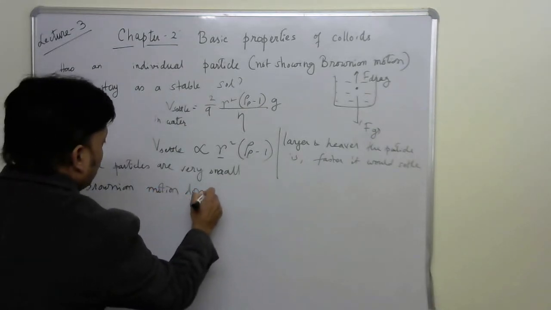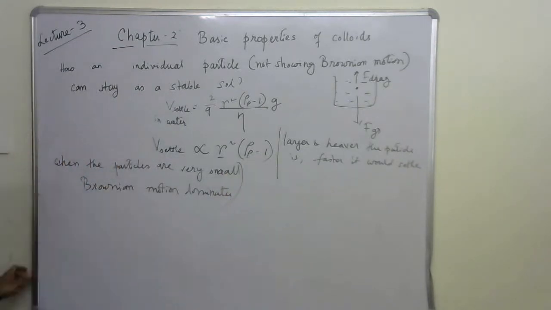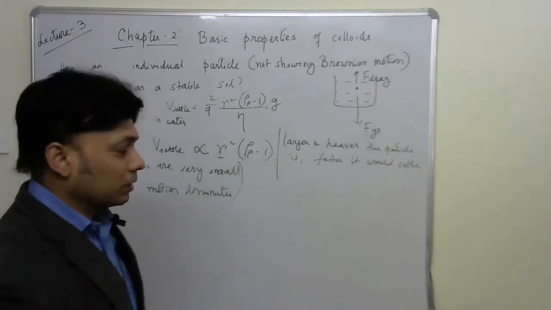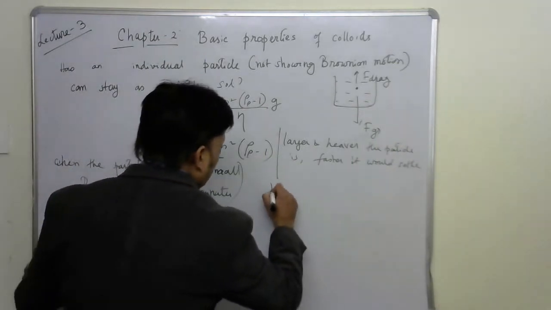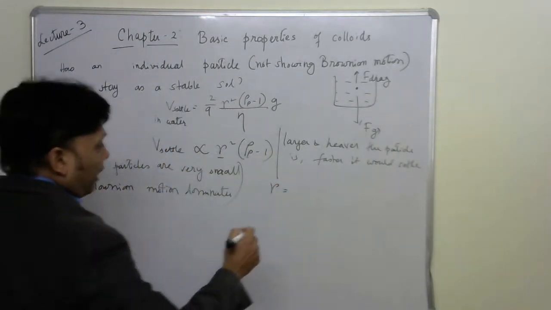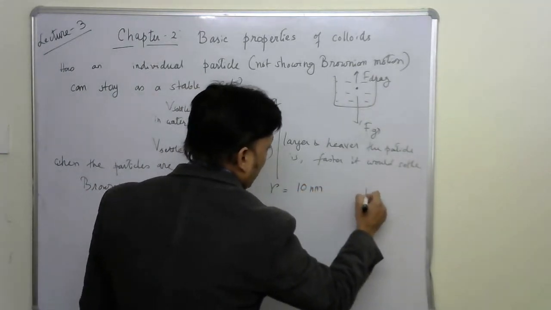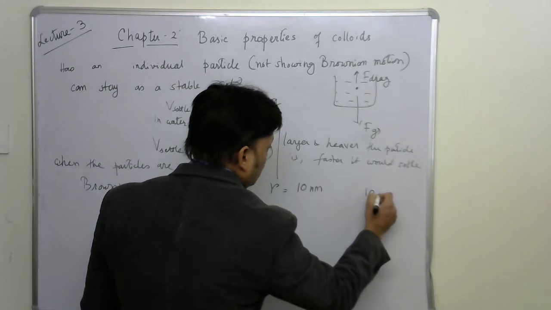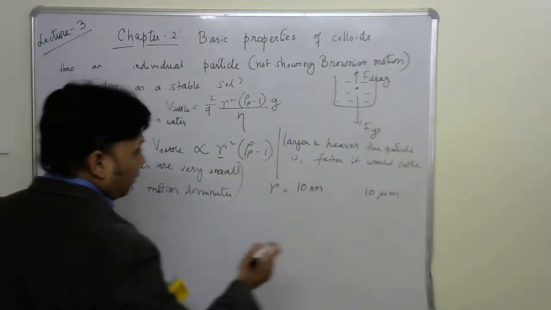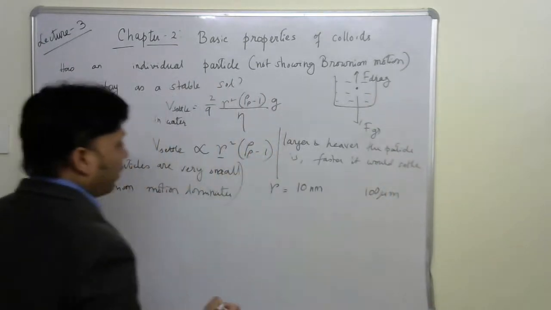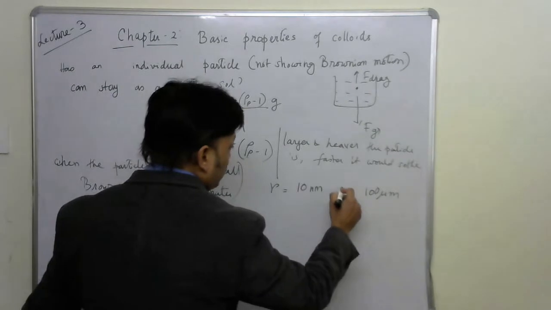So I will give you an example, then only you would understand when to apply this equation. So I'm just writing a small chart. Okay, the chart is of the radius r. So I have a situation where r is equal to 10 nanometer versus r is equal to 10 micron, or rather 100 micron. So this is a kind of big particle, but both are under the colloidal range.